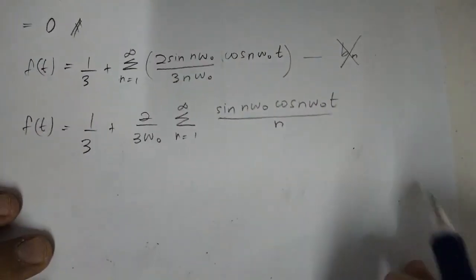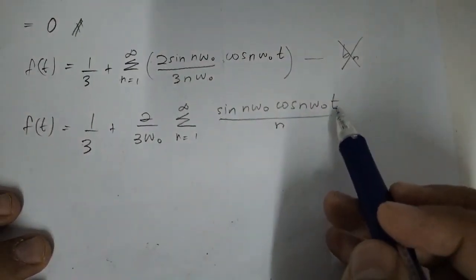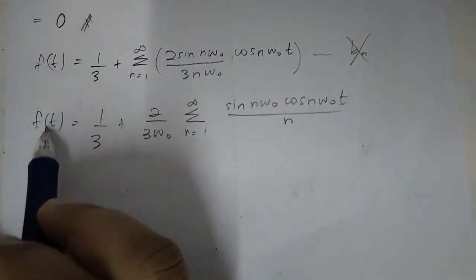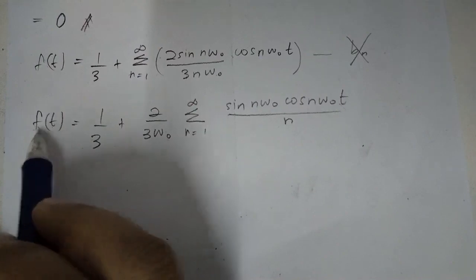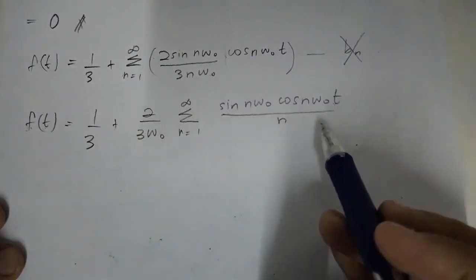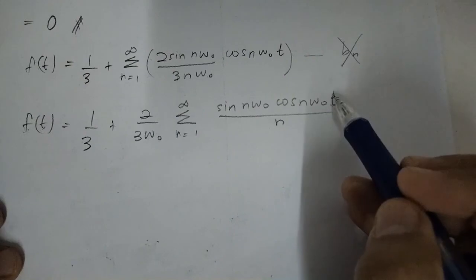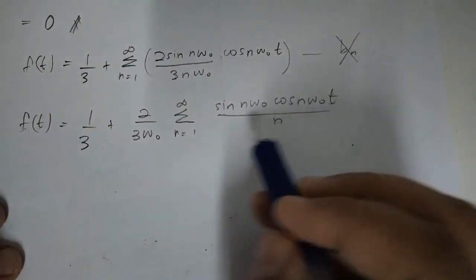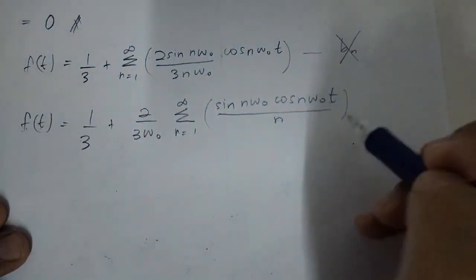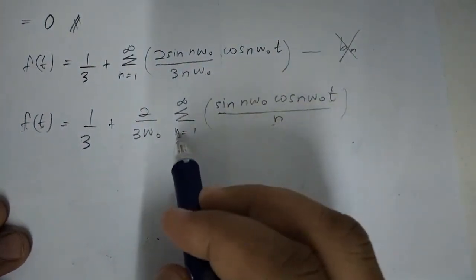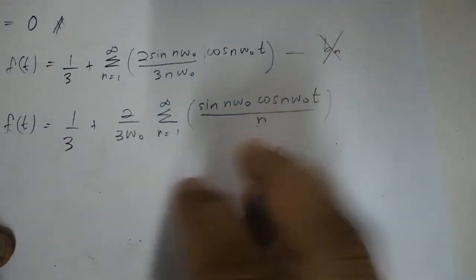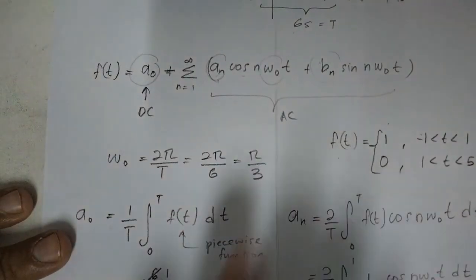Of course the final answer must have the t, because it's still a function of t. And n, we keep it inside the bracket because n will change from 1 to infinity. And don't forget our omega naught, which is pi over 3.